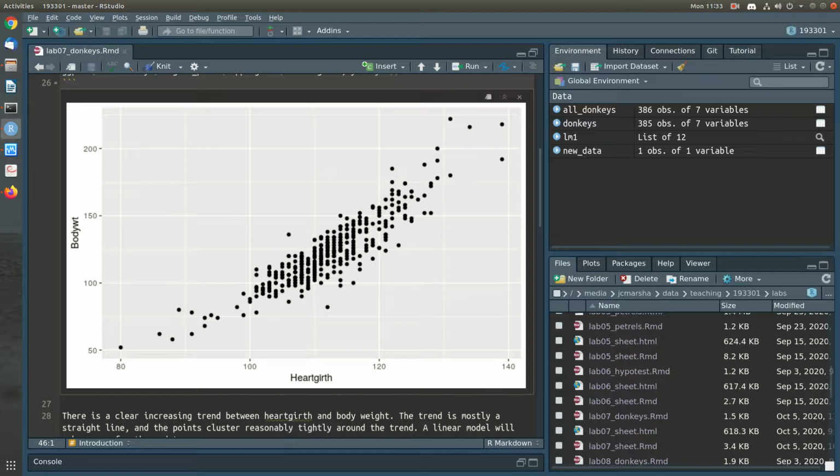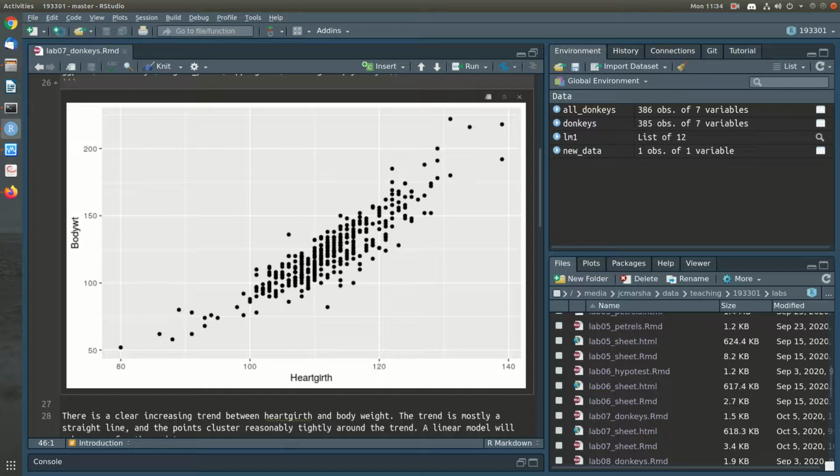So somehow that big spread from 50 to 220 has been reduced to a small spread from, say, 75 to 105. So we've explained variation, right? Most of the variation in body weight comes due to the heart girth, right? As you vary the heart girth, you get variation in body weight. Body weight goes up.